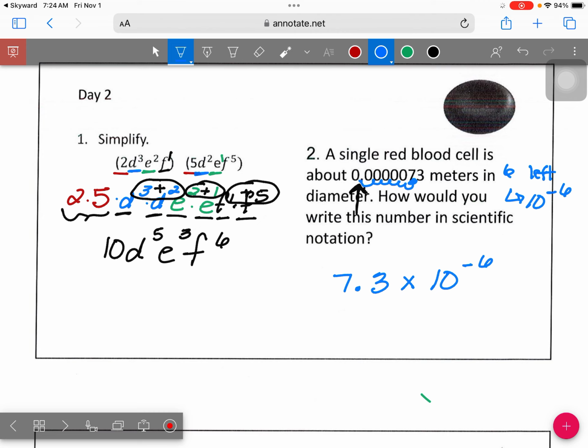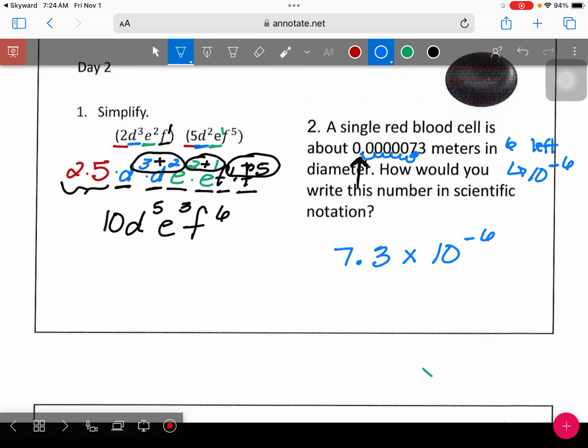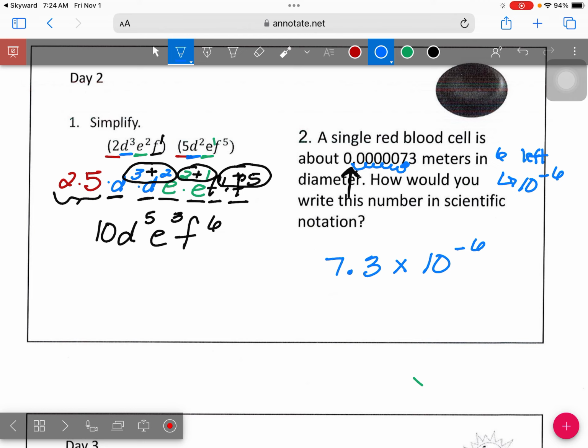Anybody have 7.3 times 10 to the negative 6? Remember, if you are going to the left, that is towards the negatives. So that's when you put the negative exponent. If you go to the right, it would be the positive exponent. All right? Any questions on either of those?